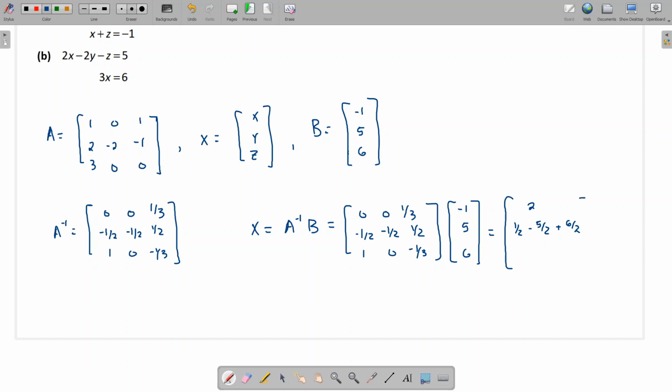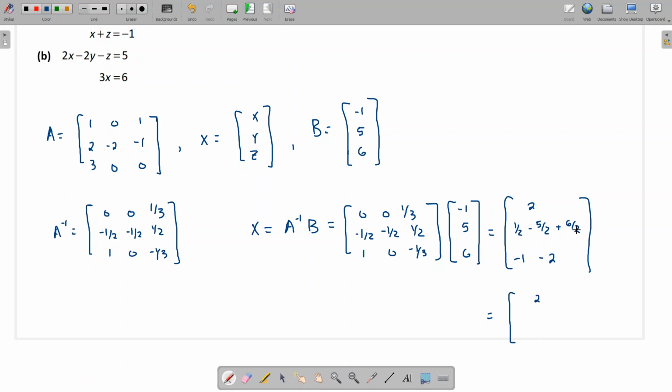We'll simplify that in a second. And then final row times that column is -1. The 0 doesn't do anything. And then it'll be a -1/3 times the 6. So that's -2. All right, so if we simplify this, top one's already done, that's 2.